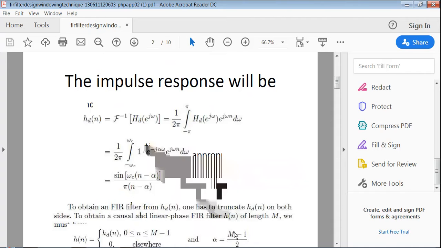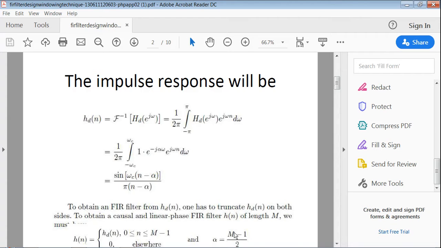The impulse response will be obtained by taking the inverse Fourier series, that is hd of n is the inverse of Hd of e^jω. Hd of e^jω is the required filter response, and that is equal to 1 upon 2π integration from minus π to π of Hd of e^jω into e^jωn dω. Now the limit is from minus ωc to ωc, where it is 1, and into e raised to minus jαω into e^jωn dω.